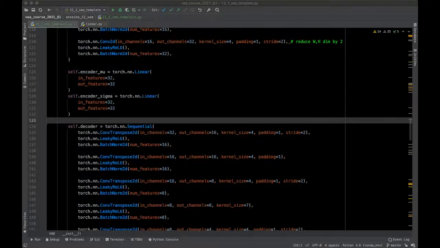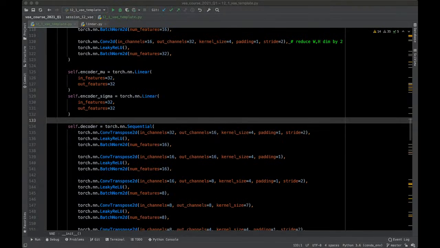So maybe we should limit also mu in a second. That is an interesting proposal. I even did not think of it. Standard deviation should never be minus. So yeah, that's a good point.